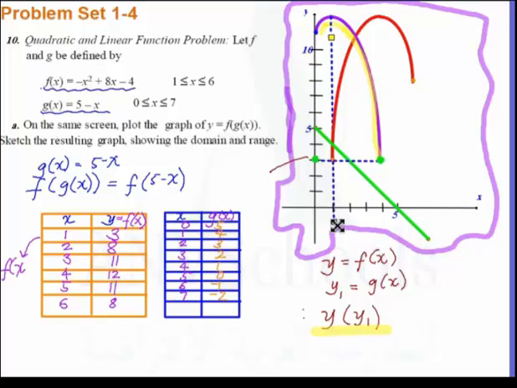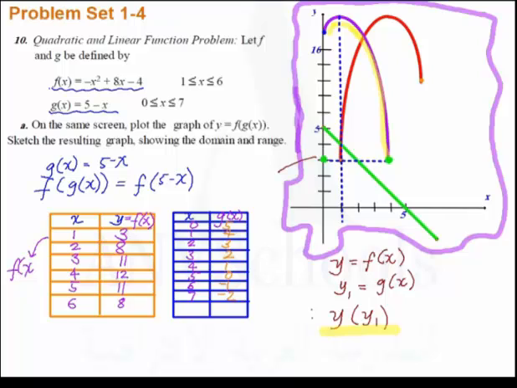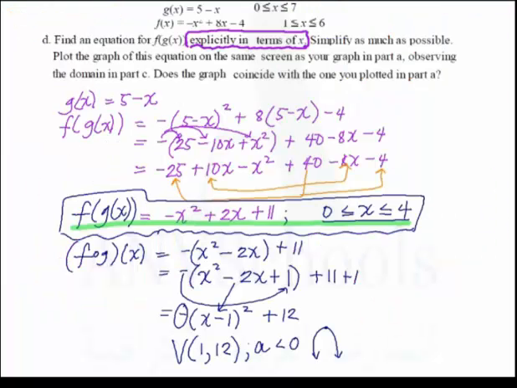So this is our vertex, and it opens downwards. And we have a restricted domain from 0 to 4. So our graph coincides with the one plotted in part A.